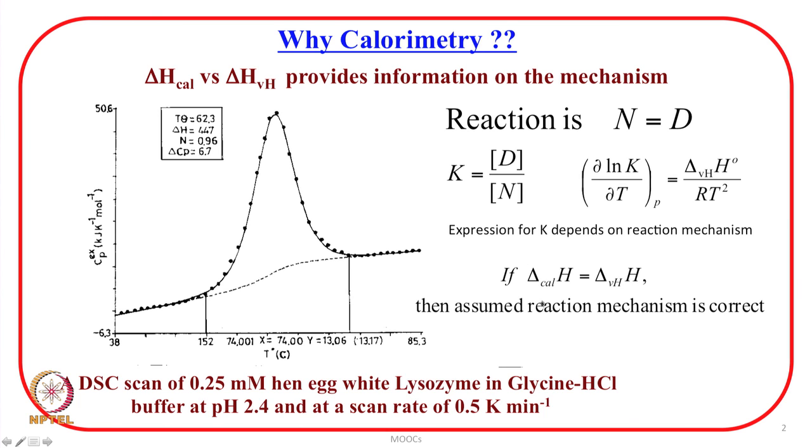And suppose these two enthalpies do not match, then we need to go back and correct our mechanism and see if there is a match between the calorimetric enthalpy and van 't Hoff enthalpy or not. If it does not match, we just keep on correcting our reaction mechanism till there is a match, and this is how this comparison of calorimetric and van 't Hoff enthalpy establishes the reaction mechanism.